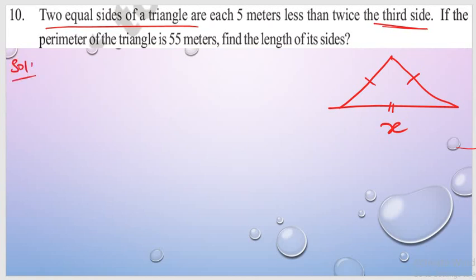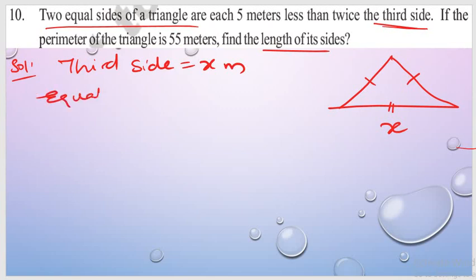Now to find out the lengths of the sides of the triangle, first of all I am going to consider the third side as x. So the third side is x meters. Now he has given the remaining two sides. So from this I can directly take those equal sides.